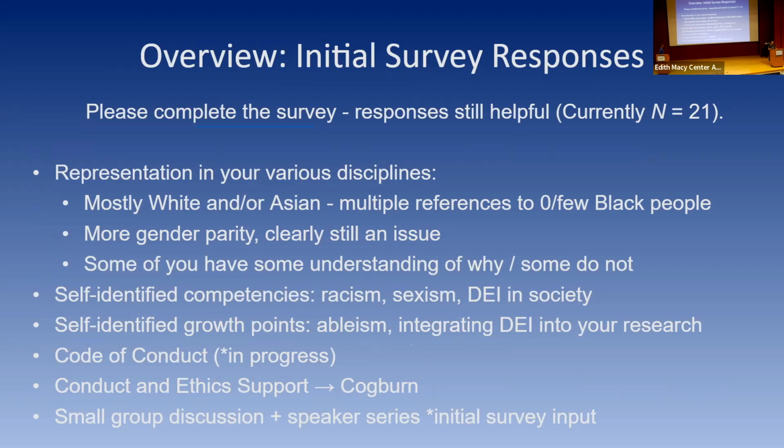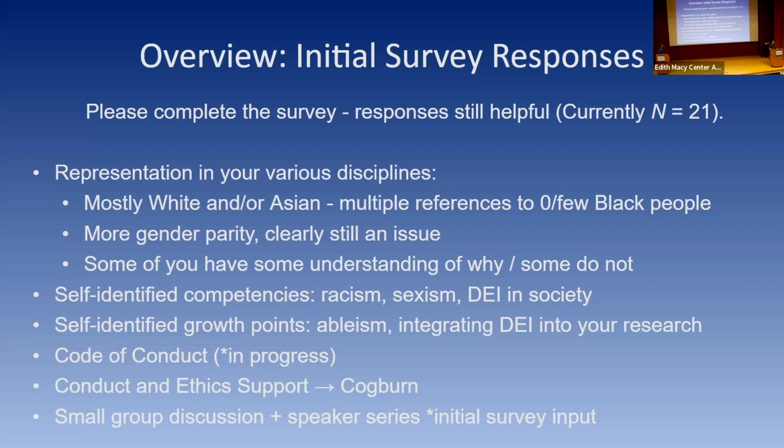Yeah. So I asked you to think about representation by race and gender in your disciplines. Most of you identified that your disciplines are predominantly white and or Asian. There are multiple references by you that there are 0 or very few Black people in your areas of study. There seems to be more gender parity, but it's clearly still an issue, in particular the experiences that women are having once they're in these spaces are not always great.